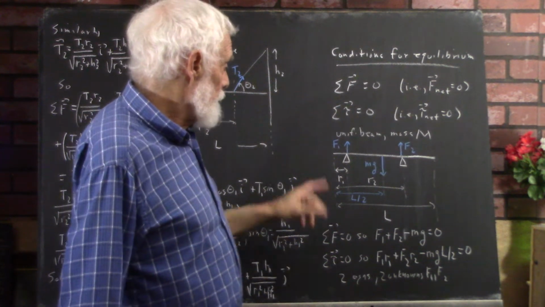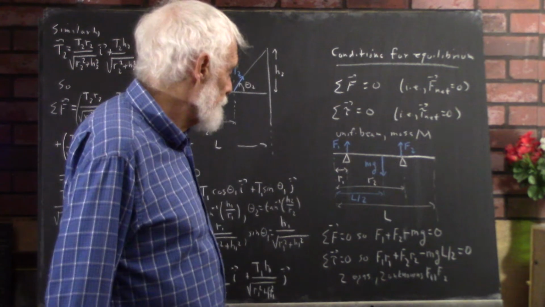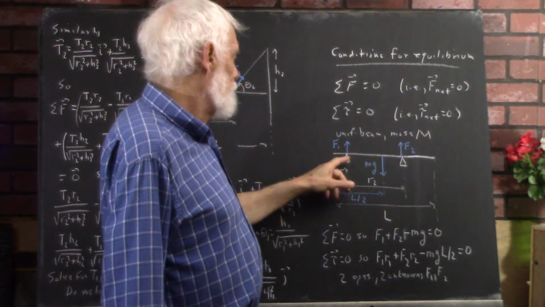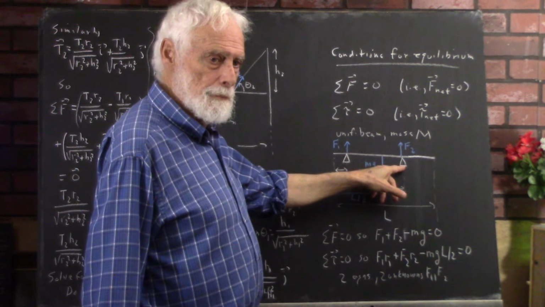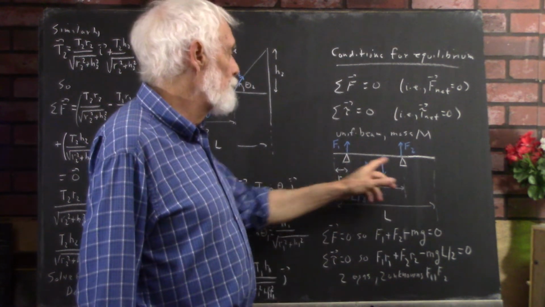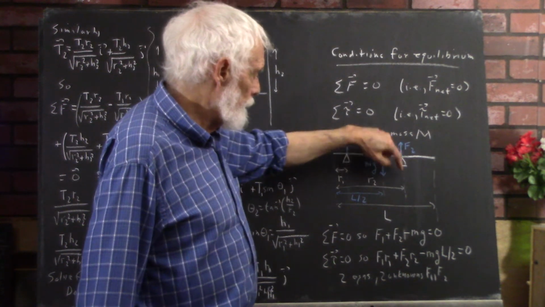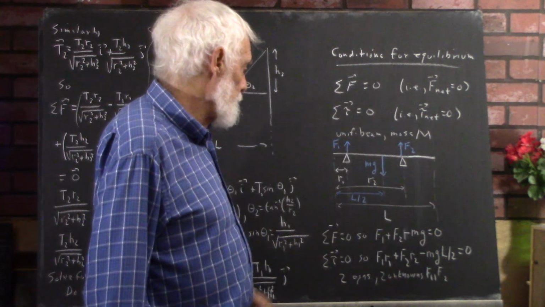Okay, apply this to a uniform beam of mass m. So we have two balancing points here. They're not really balancing points, two supports. One at distance r1 from this end, the other at distance r2 from this end.